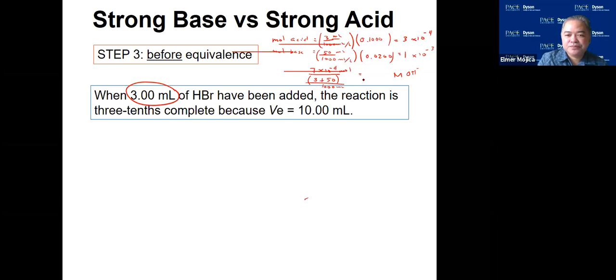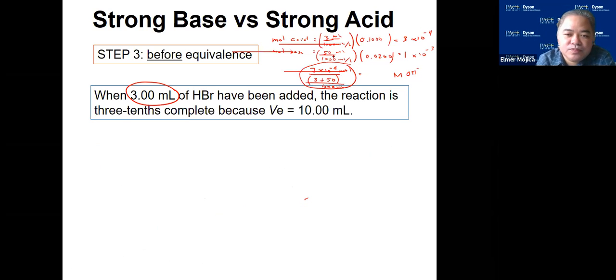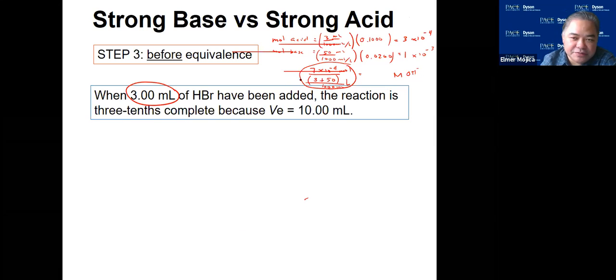Anyone? What do you get when you do this calculation? If I did that calculation, I end up with 0.0132.